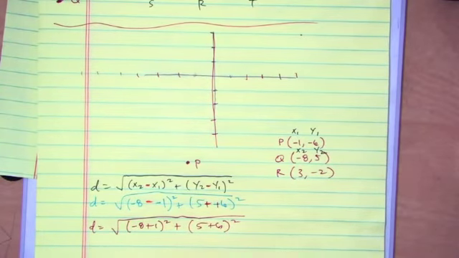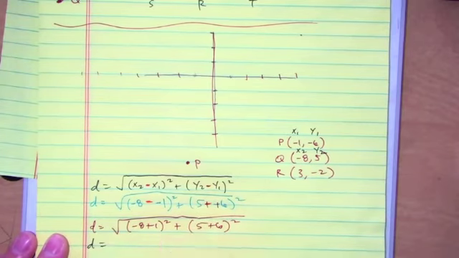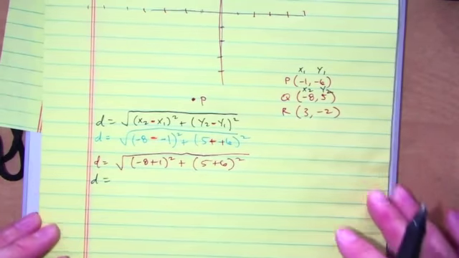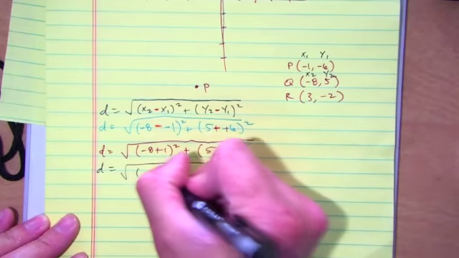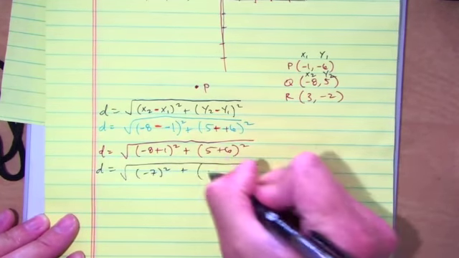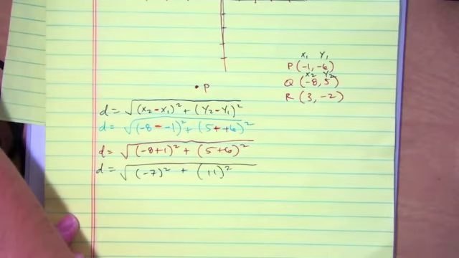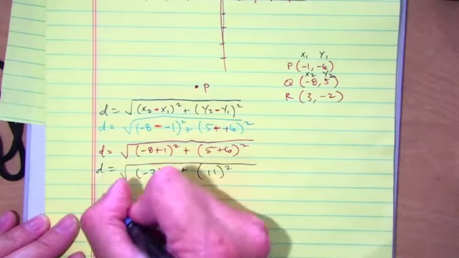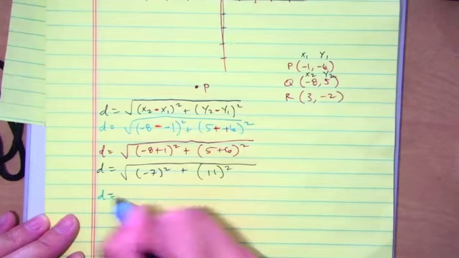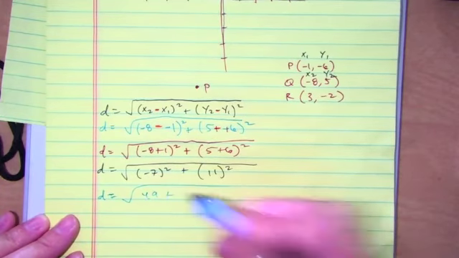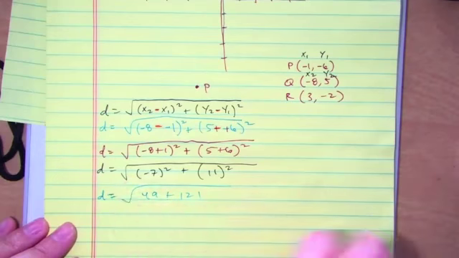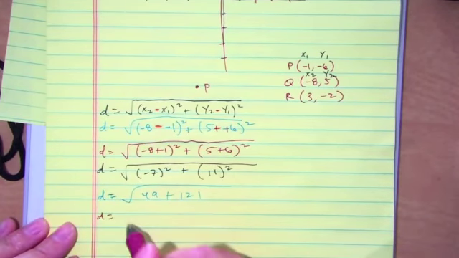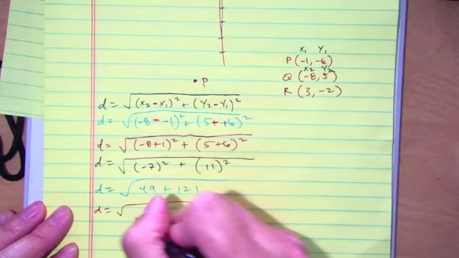All right. So, let's simplify. What do I get? Negative 7 squared plus, and negative 7 squared? 49 plus, and we add those together. 170.